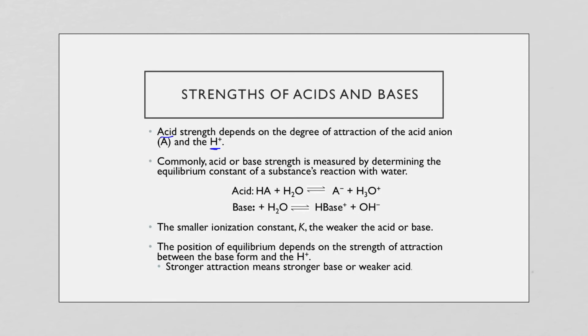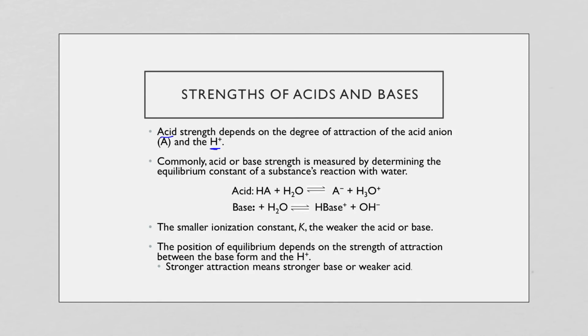If we have a relatively weak interaction, that's going to make the hydrogen easy to lose, and you're going to get a strong acid, something that loses all of its hydrogen. And so, while it seems sort of contrary, we want that hydrogen interaction to be weak within that acid if we're going to have a strong acid.